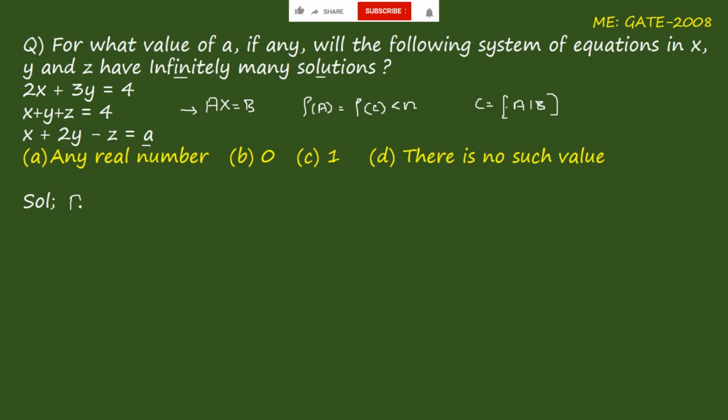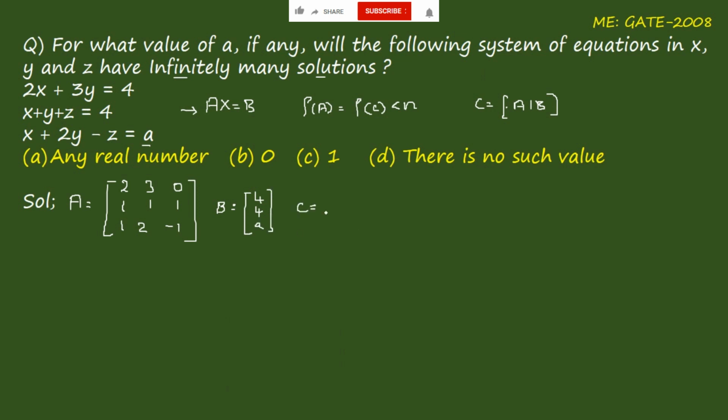So A is equal to nothing but it becomes 2, 3, 0. This is 1, 1, 1. This is 1, 2, minus 1, right? And coming again, B is equal to nothing but we get 4, 4, and a, right?